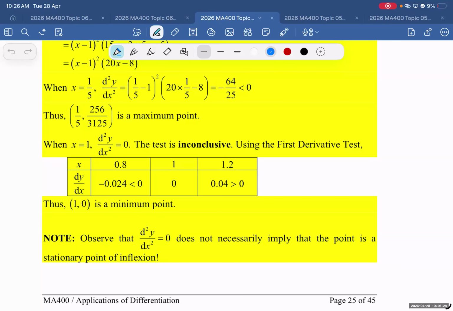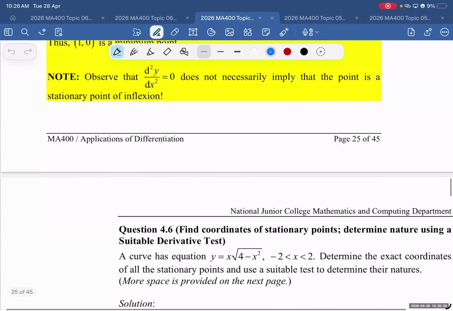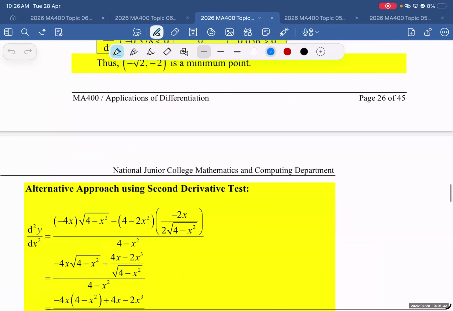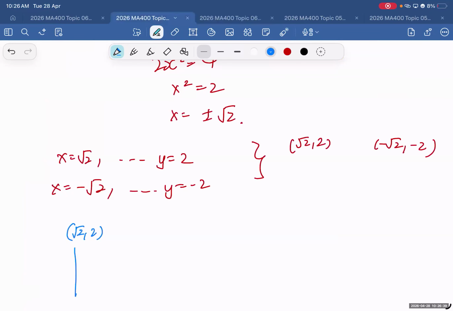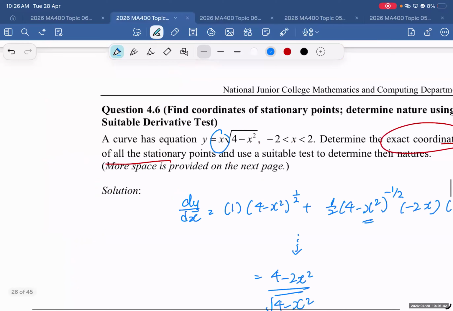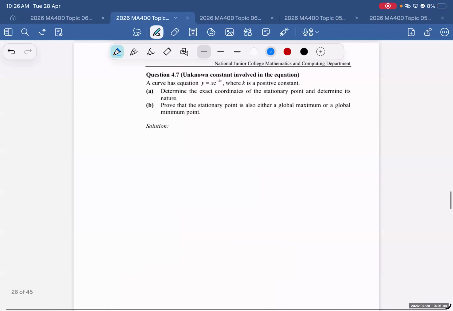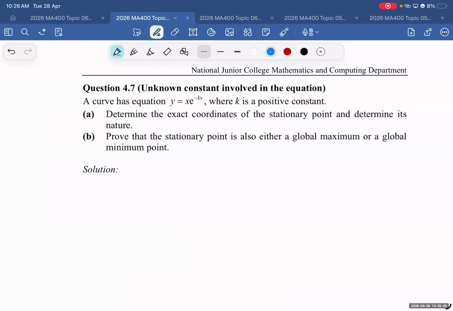Okay. So I go through 4.7 slowly, okay. 4.7, differentiate. If I differentiate y equals x e to the power negative kx, dy/dx, I think you all can do the differentiation.